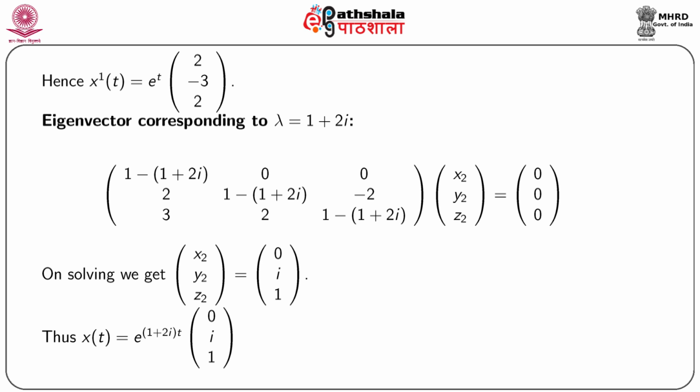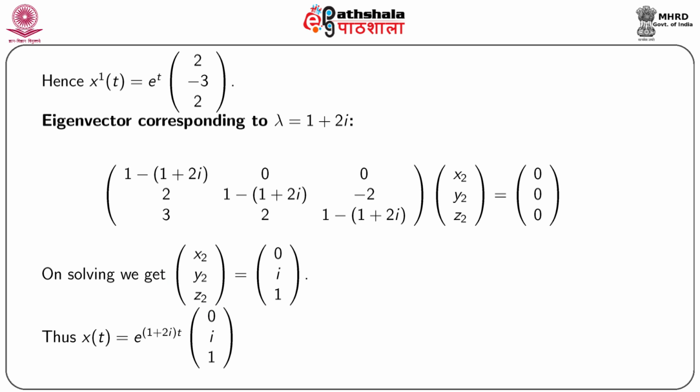Next, we find the eigenvectors corresponding to lambda equal to 1 plus 2i. Proceeding in a similar fashion, we get [1 minus (1 plus 2i), 0, 0; 2, 1 minus (1 plus 2i), minus 2; 3, 2, 1 minus (1 plus 2i)] times [x2; y2; z2] equal to the null matrix. Again, solving in a similar manner, we get x2 equal to 0, y2 equal to i, z2 equal to 1.